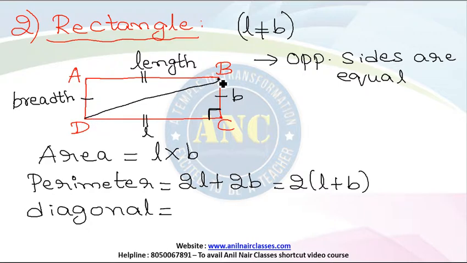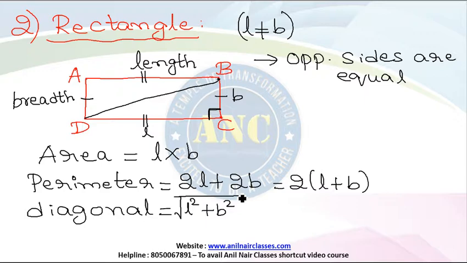BD is the hypotenuse. Diagonal square is equal to L square plus B square. But if I want only the diagonal, shift that square to the right-hand side, it becomes a square root. Diagonal of a rectangle is nothing but square root of L square plus B square, where L is the length of the rectangle and B represents the breadth of the rectangle.